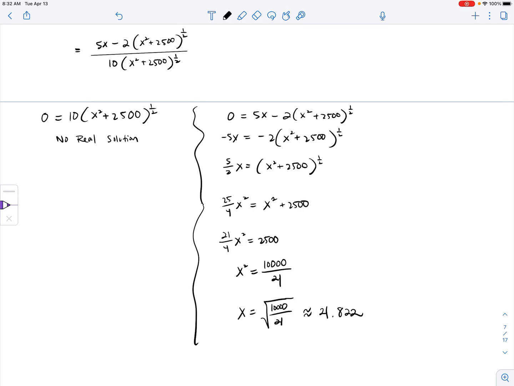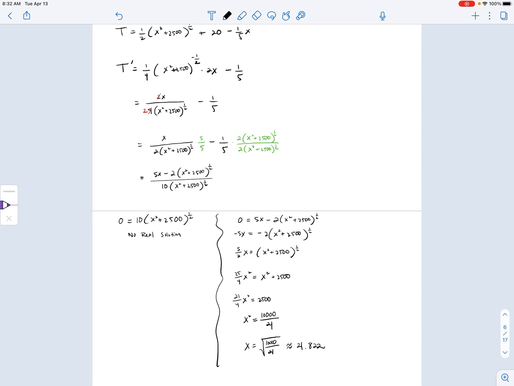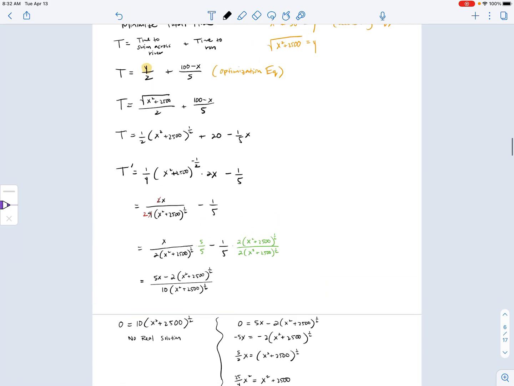Actually, it would be plus or minus, but we know that x represents a distance, so x can't be negative.